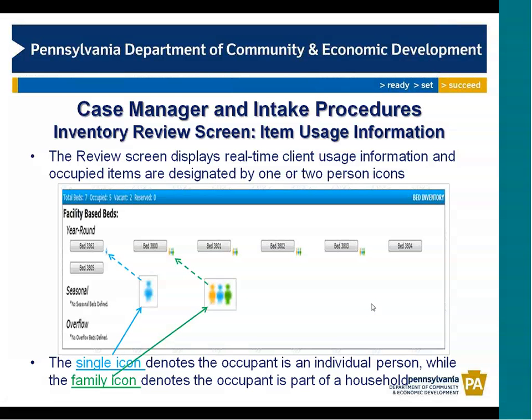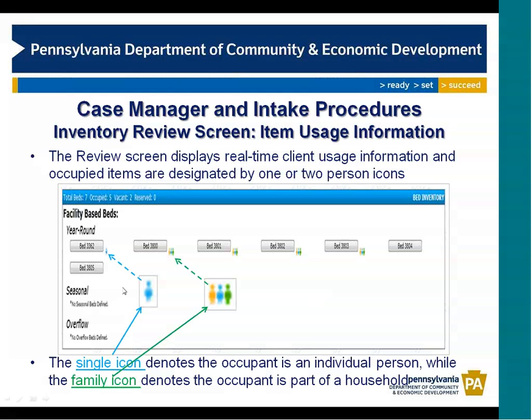However, those items that are currently occupied have one of two little icon designations, kind of people icons, by them. Anytime you see a little blue guy or this multicolored family, you'll know someone is actively occupying that bed. Depending on the person that's occupying it, the icons change a little bit.